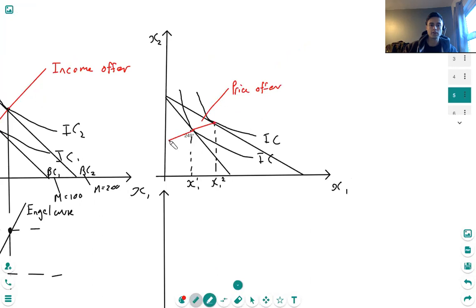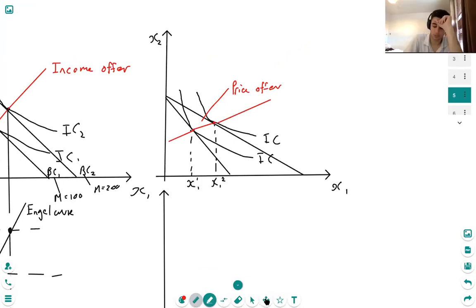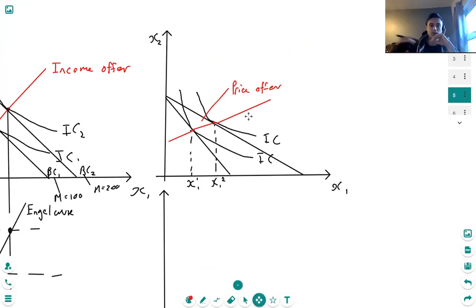And you can also extend this like that if you wanted to. Cool. So the price offer shows the movement from one optimization point to another based on changes in the prices of the good.